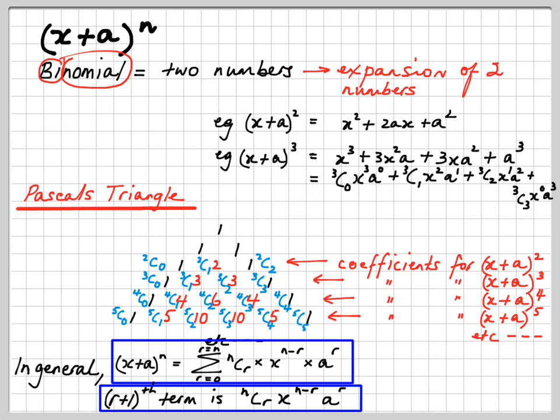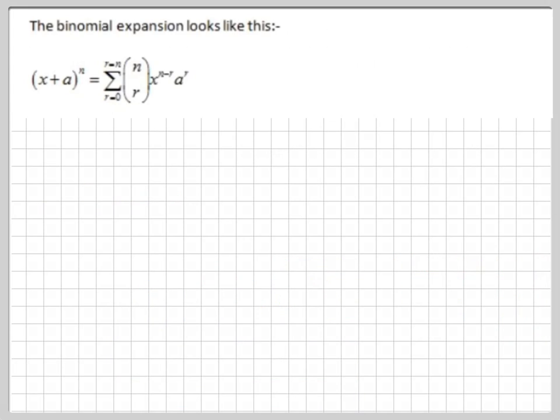Okay, we're going to use an example as we go over the page in a minute. Now that thing there, it's restating (x + a)^n equals the sum, Greek capital sigma, where r goes from 0 to n, of nCr, that's the alternative notation for nCr, times x to the n minus r times a to the r. Guys, I'm sorry I had a little bit of trouble.